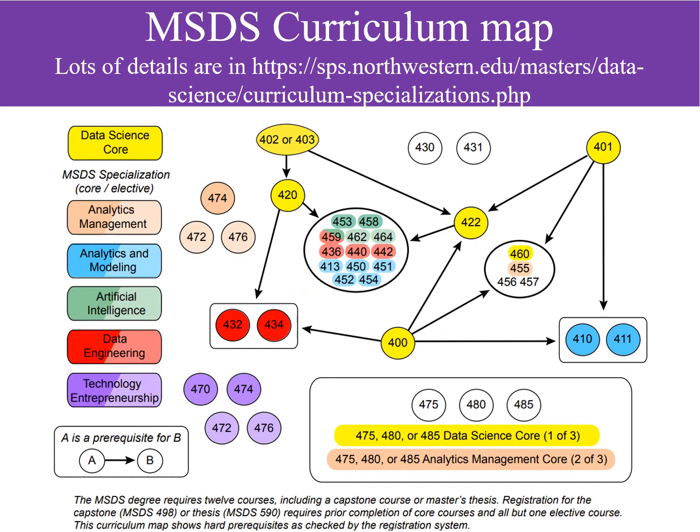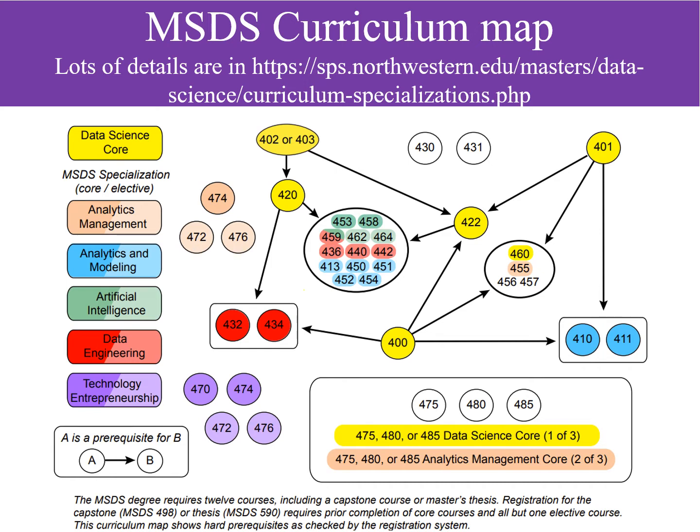And I have provided the link URL for the huge collection of various subjects in the link: https://sps.northwestern.edu/masters/data-science/curriculum-specializations.php, which is there in the title section of this slide.